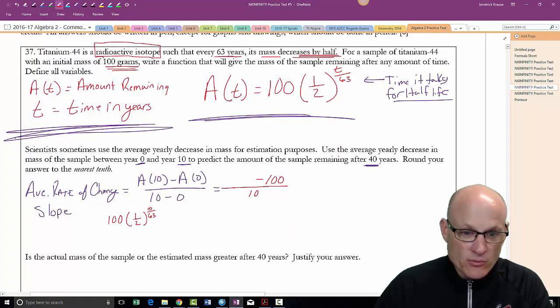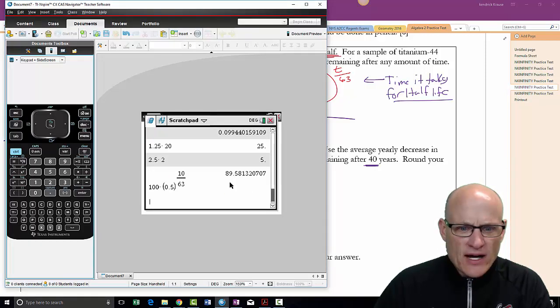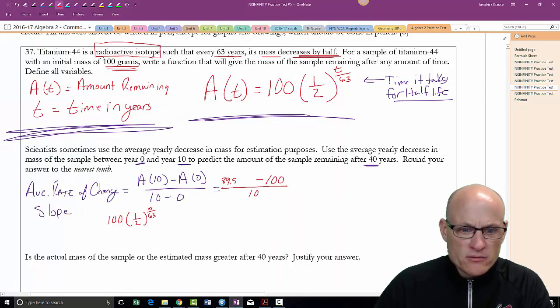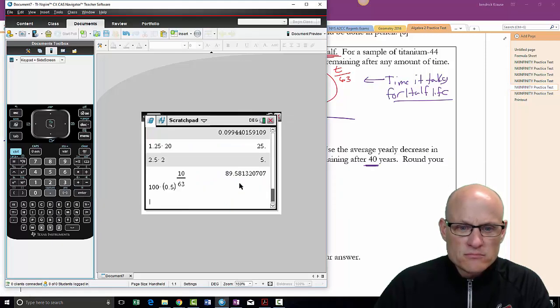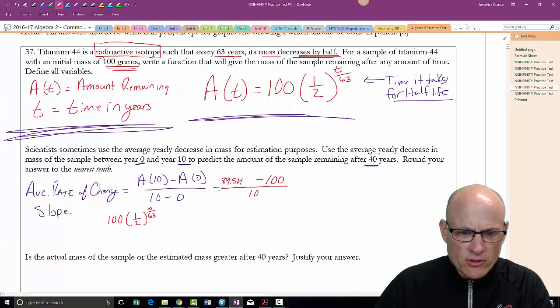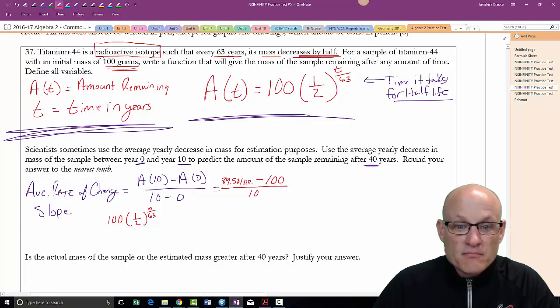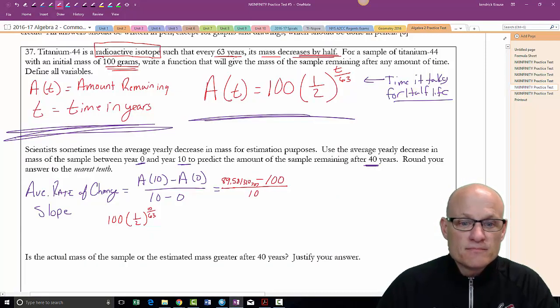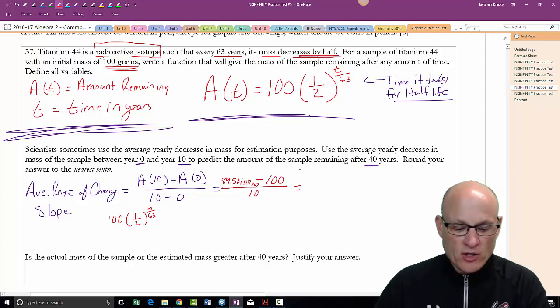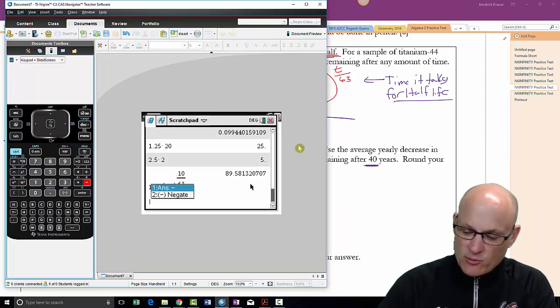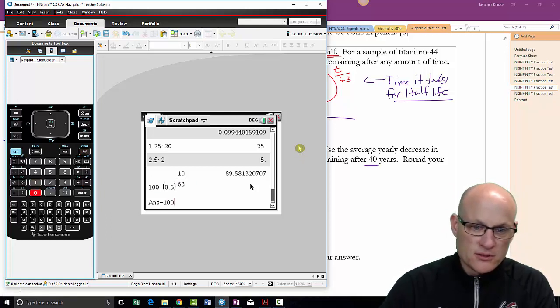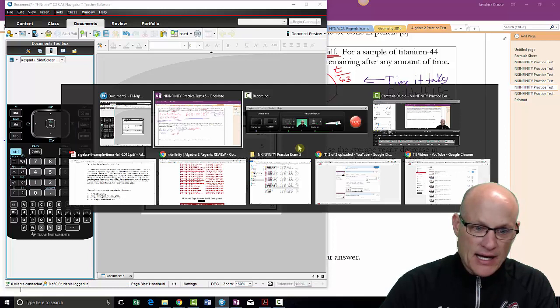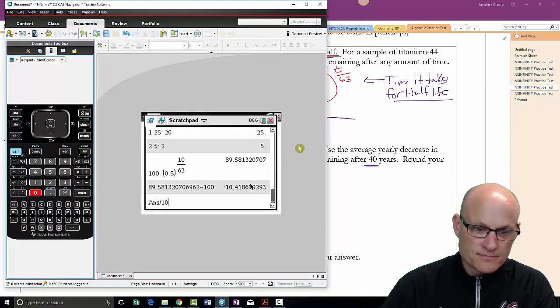I didn't leave myself room. 89.581320707. Anyway, so then what we'll do is we'll take that, we'll subtract 100, and then we'll divide by 10.